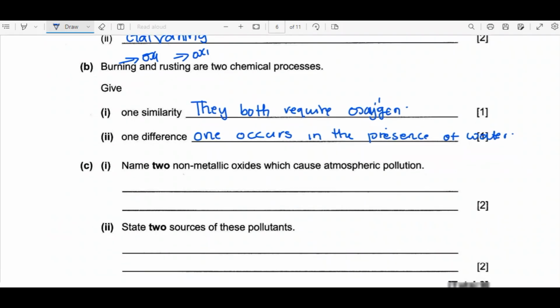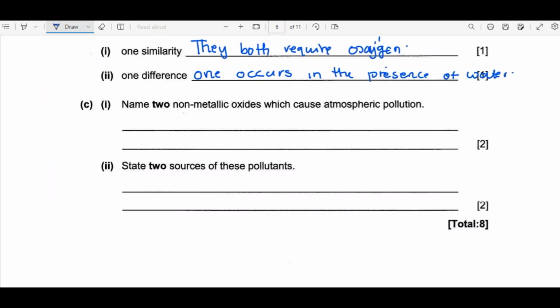Okay, so we move on to C1. Name two non-metallic oxides which cause atmospheric pollution. So non-metallic oxides can be acidic oxides or sometimes even neutral oxides. So the first that we can use is carbon dioxide.